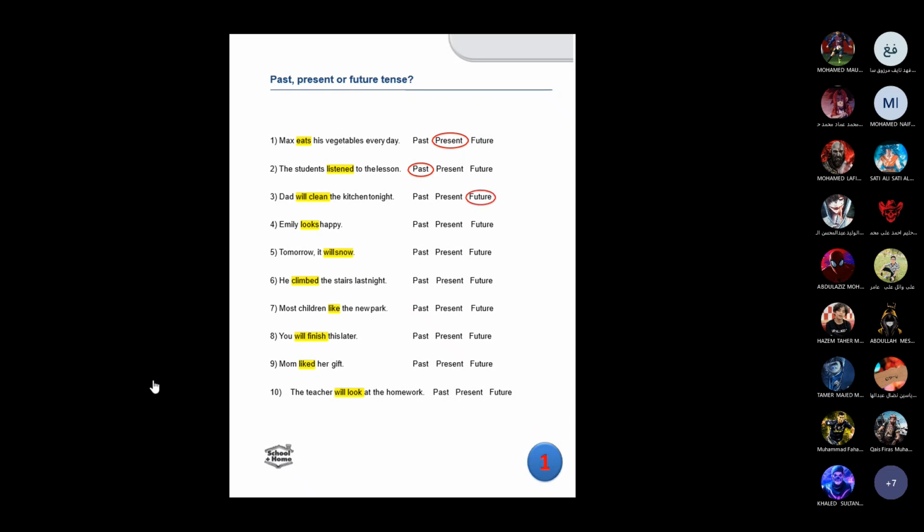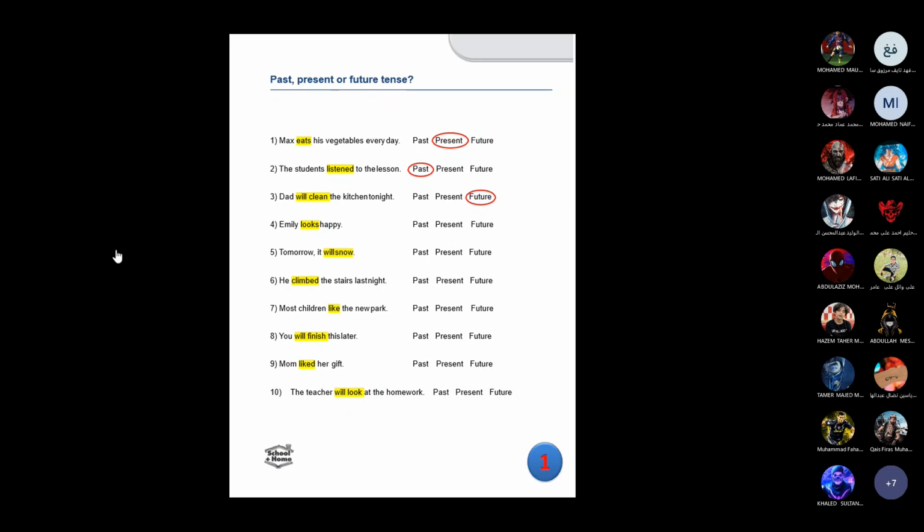Very good. Muhammad Lafi, number 4. Okay, Emily looks happy. Past, present, future? Looks, it's present. How do you know? Because it has an s.